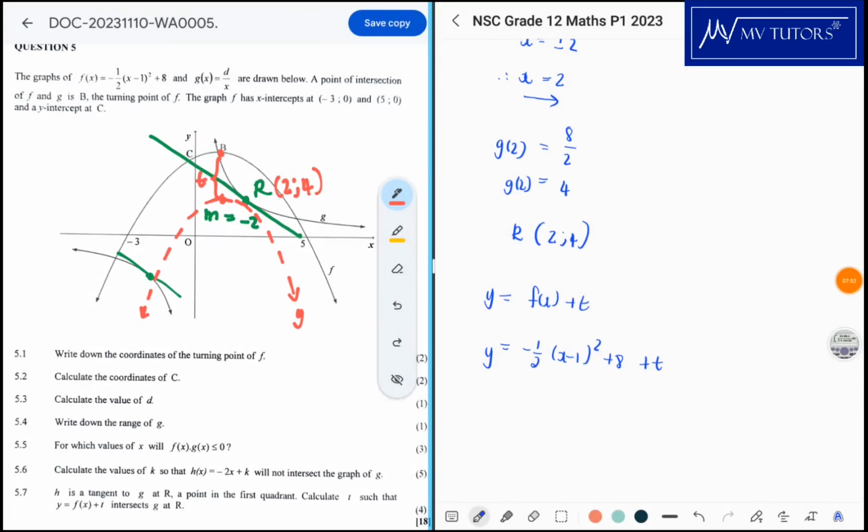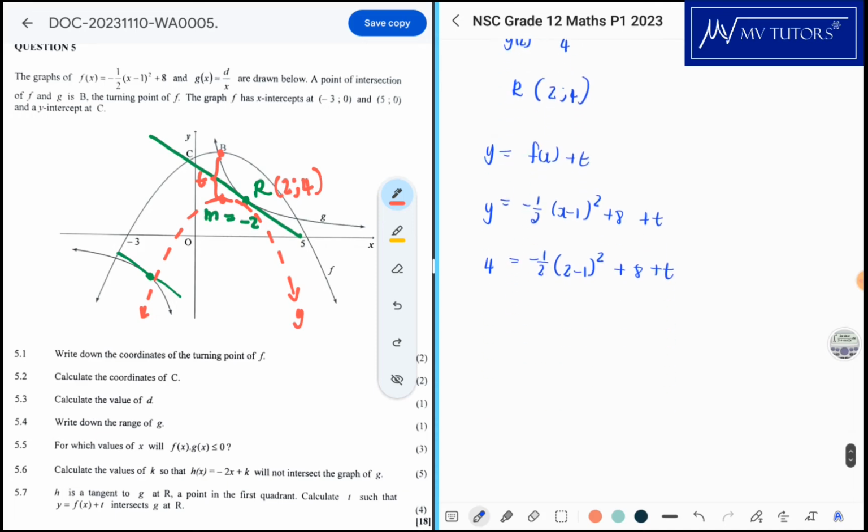Sorry about that. So yes, we're going to substitute the point R into our equation. So in the place of y, we're going to put 4. And in the place of x, we're going to put 2. And our only unknown in this instance would be t. So it has worked out quite perfectly.